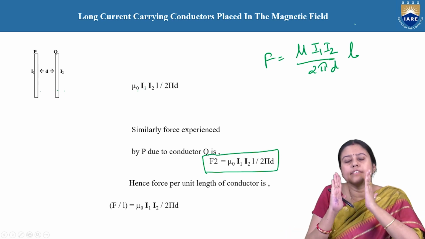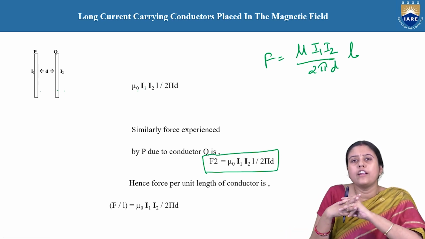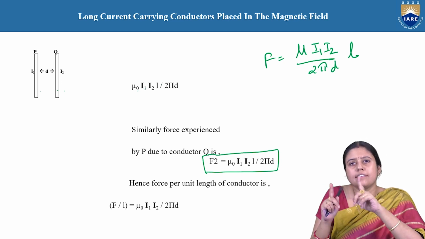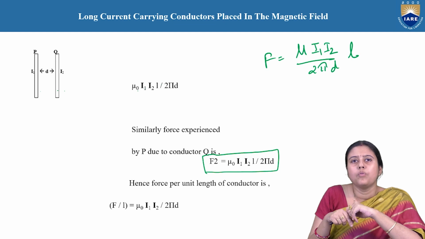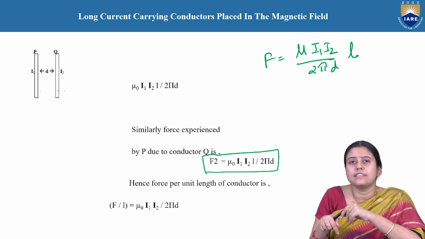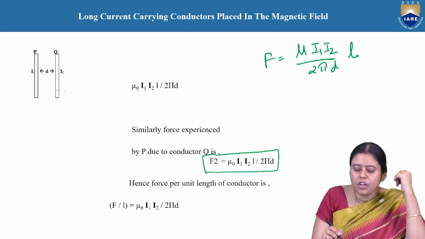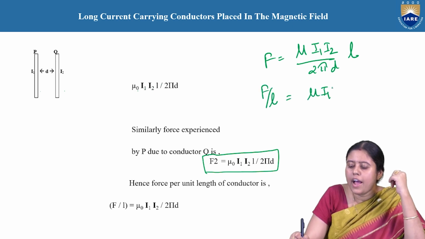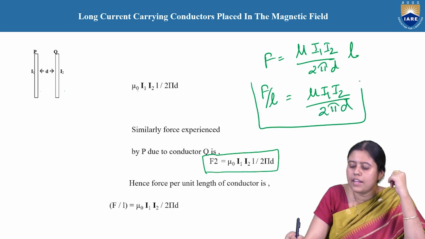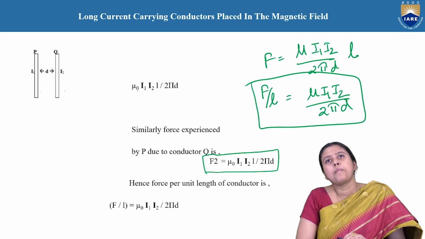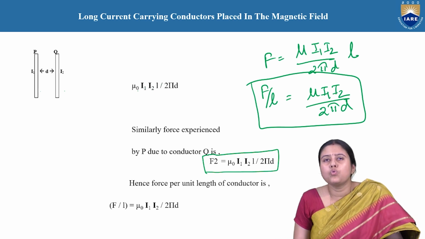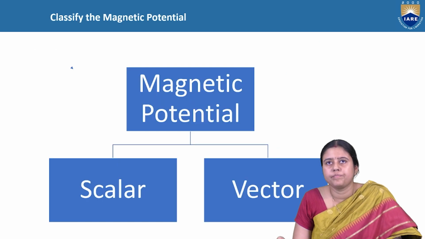If both currents are in the same direction, the force is repelling. If the currents are in opposite directions, it is an attractive force. So F by L is equal to mu naught I1 I2 by 2 pi d. This is the main equation, the force per unit length for two long conductors.